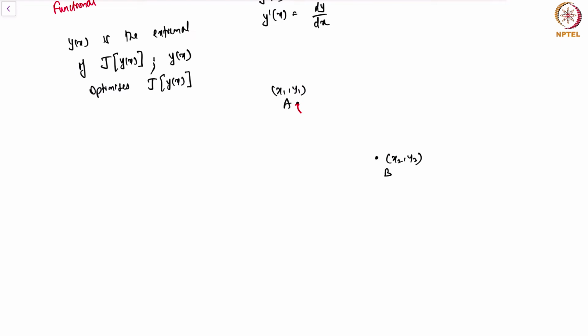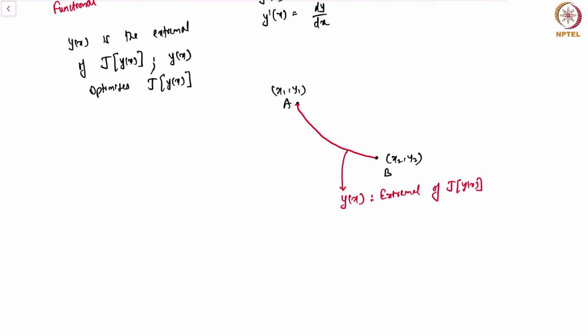So let's say there is some special shape going from here to here, A to B. And this function, let's call it y of x. This is the function that we are looking for, or in other words, it's the extremal y of x. Okay, we are looking for this y of x.